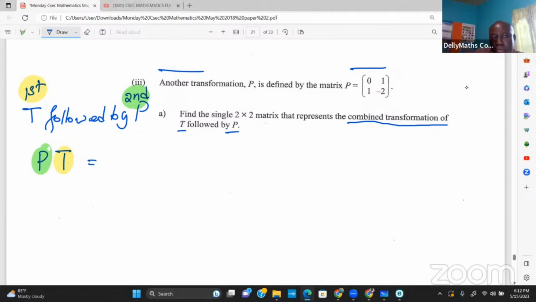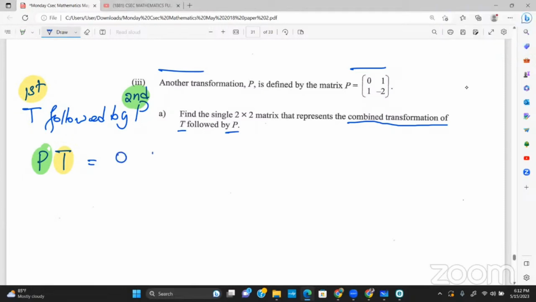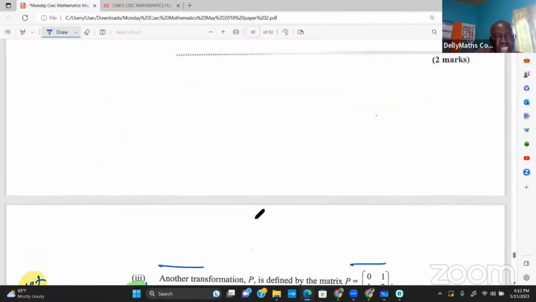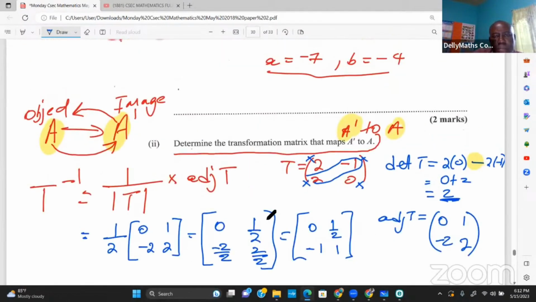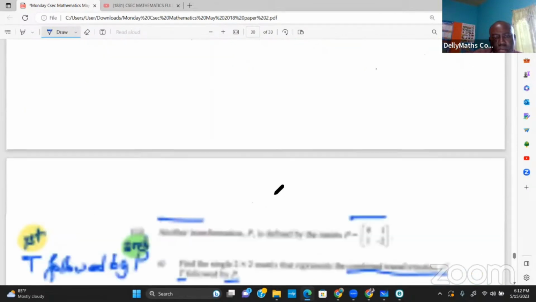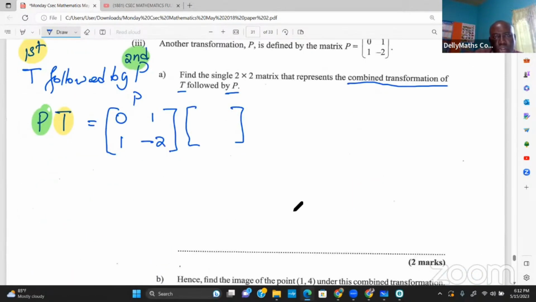P first: 0, 1, 1, -2. That's our P, and our T is what we had before. I think it's 2, -1, 2, 0. I love to double check. 2, -1, 2, 0. Making sure. Right. So we're talking about 2, -1, 2, 0.